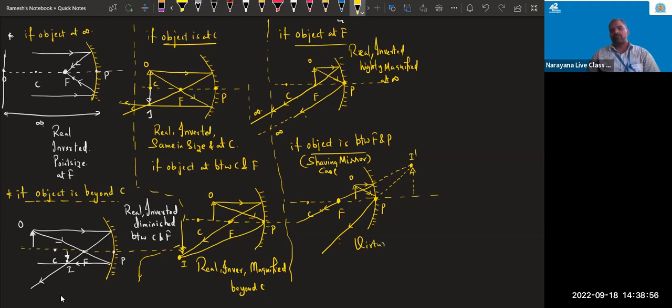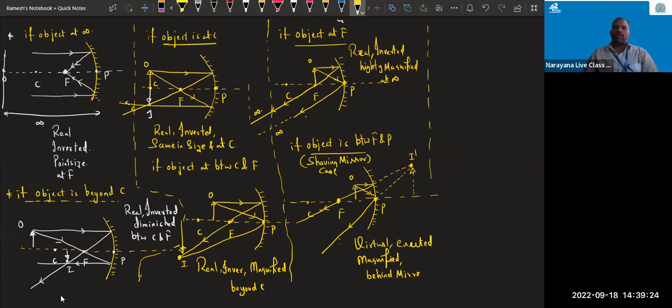Virtual. And all virtual images are erect only, no? The object is above the x-axis, the image is also above the x-axis, not below. So virtual and erect. Magnified or demagnified? Magnified. Location you cannot say, I will just write just behind the mirror. Understood or not understood? Say yes or no.